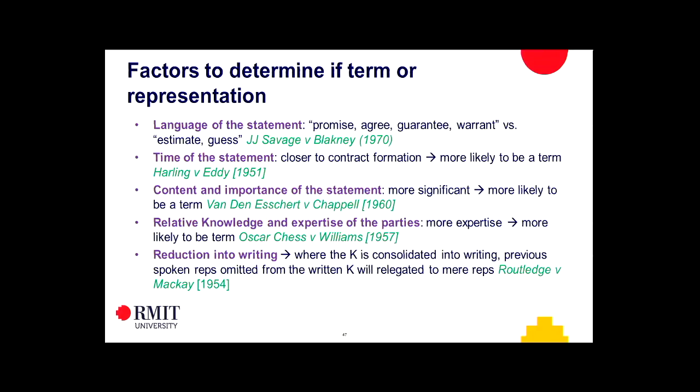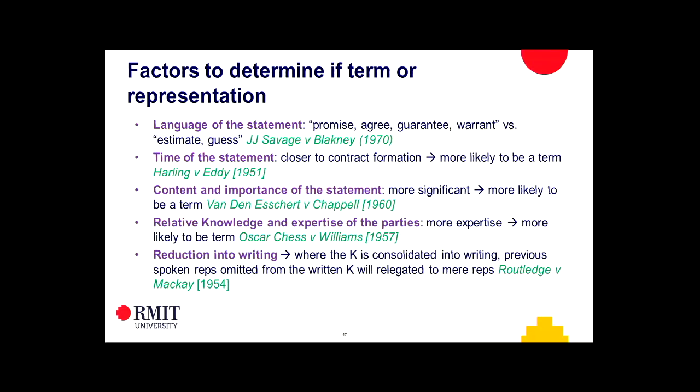When it's consolidated into writing, and this is based on the parole evidence rule, it means that any previous verbal statements are omitted from the contract. So they take the written contract to be the entire document. So if you've got a reduction into writing, the statements made pre-contractual are generally not part of the terms. And we'll talk about the parole evidence rule as we go.